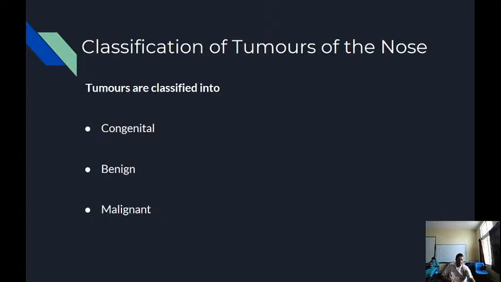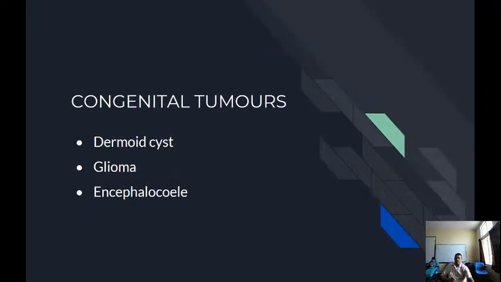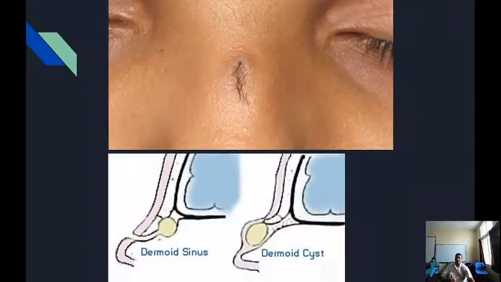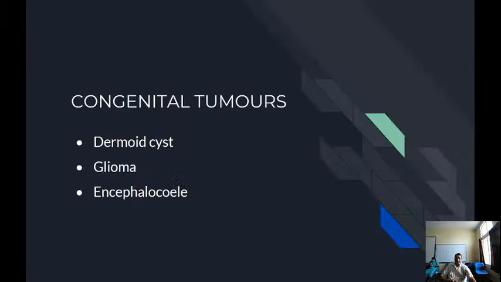Then we will briefly go through these congenital conditions, which are not actually tumors. These are usually grouped under the dermoid cyst, and you have the glioma, which is nothing but brain tissue which is present not in the intracranium but comes into the nasal cavity.